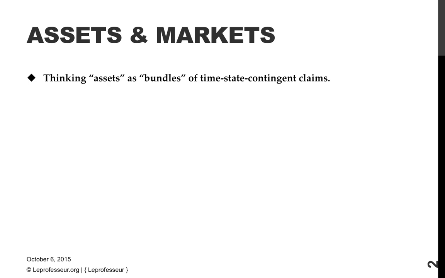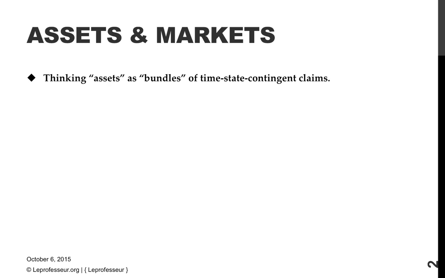Along with that, you can bundle up, say, dividends you're going to receive, so you can bundle up a bunch of claims which you are going to receive, so that becomes your asset.